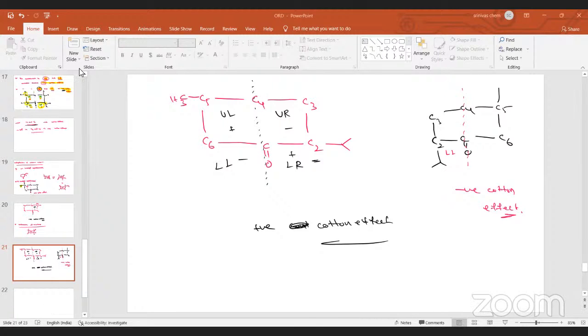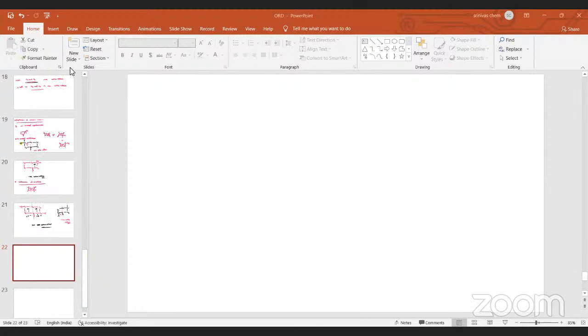Next, the last topic: the axial alpha haloketone rule.